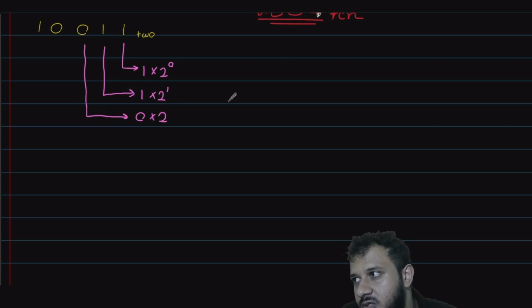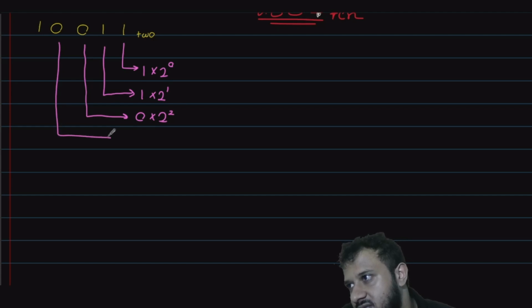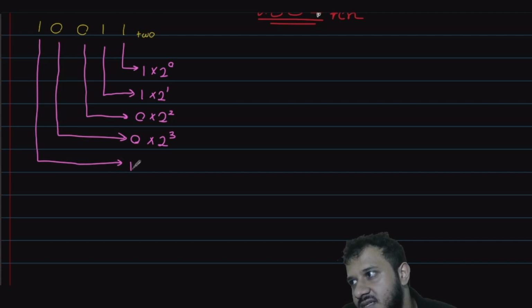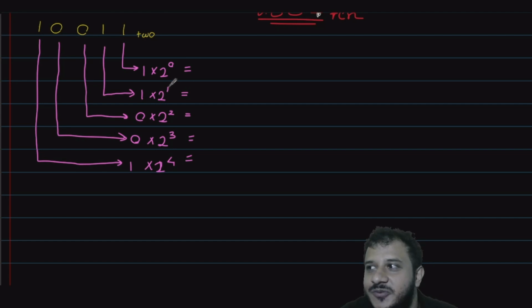The next place value is 2 to the power of 3, which is an 8. And the next place value is 2 to the power of 4. Let's write down. I think only what happened to you is you started from 2 to the power of 1, didn't you? Yeah, that's the reason.